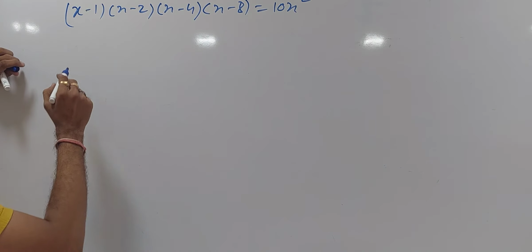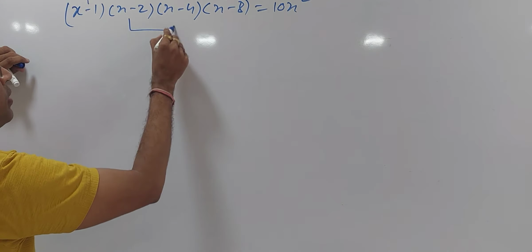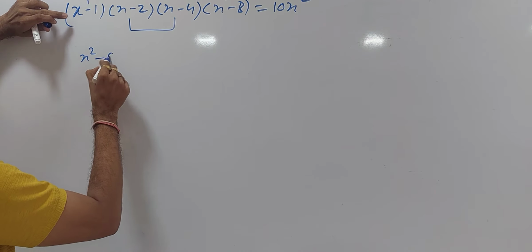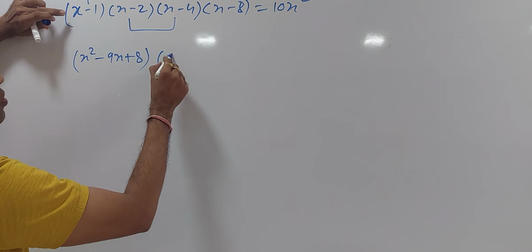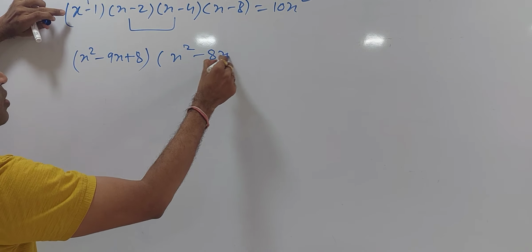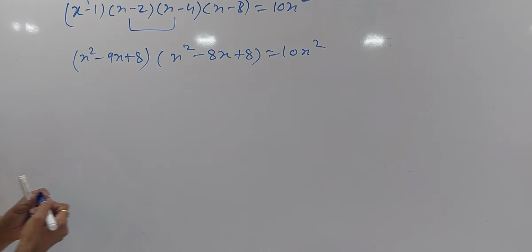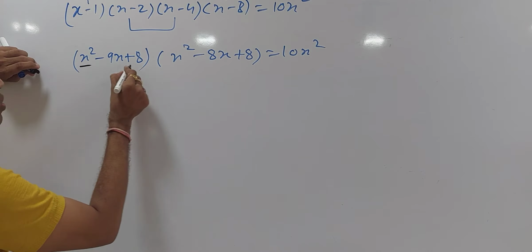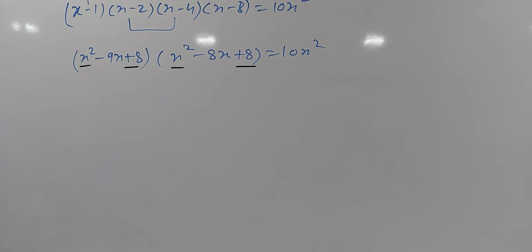What I think is, if I multiply this 2 and this 2, in that case it will give x square minus 9x plus 8, and here x square minus 8x plus 8, is equal to 10x square. So here you are getting not x square and x term common, but x square and constant term common.